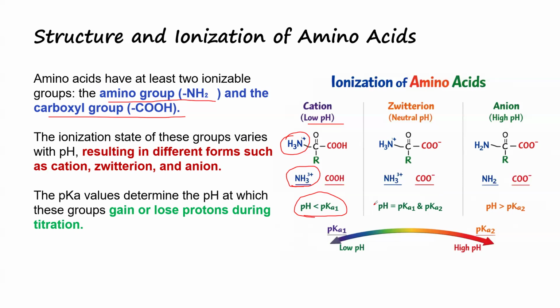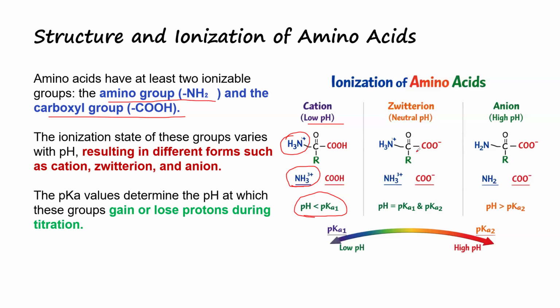And at this point, there is a gain of a proton by the amino group and the loss of a proton by the carboxylic group. So that is why they remain neutral, because the positive charge from the ammonium or the amino group and the negative charge from the carboxylic group will neutralize each other.